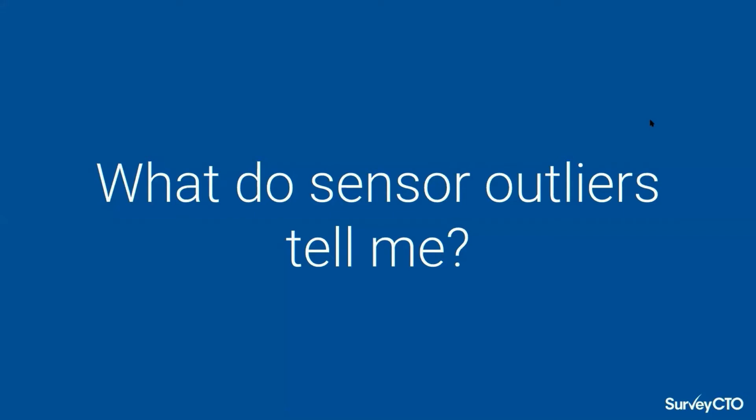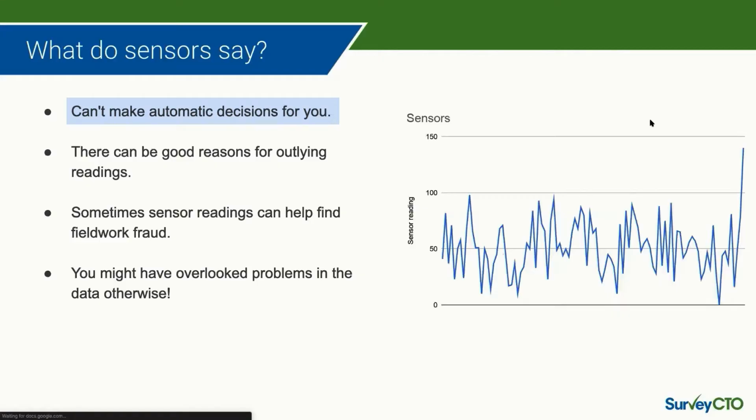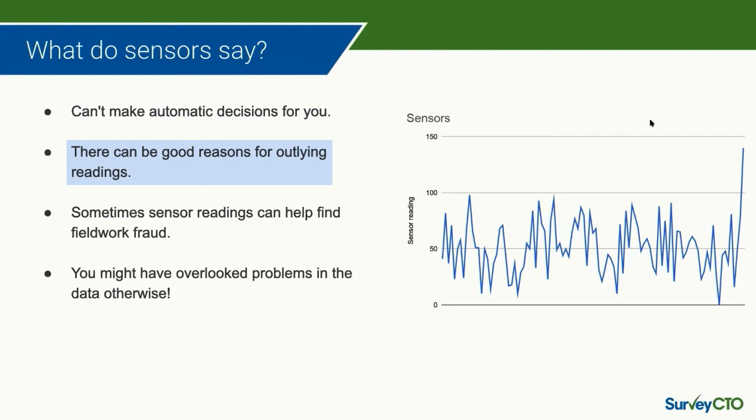So what do sensor outliers tell you? Well, that's a good question. It depends. You are unlikely to be able to automatically flag submissions. Sometimes sensor readings will be different for good reasons, which you might be able to work out. For example, low light levels because an interview ran late into the evening, or very high sound levels because the respondent's home was being renovated.